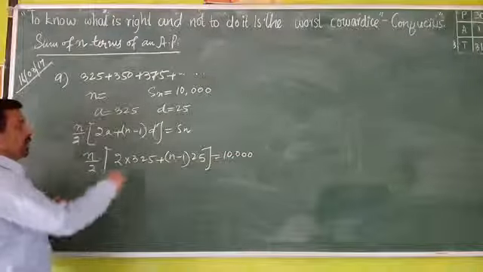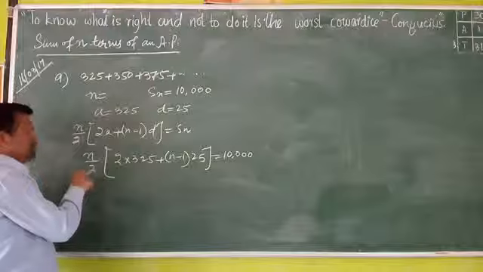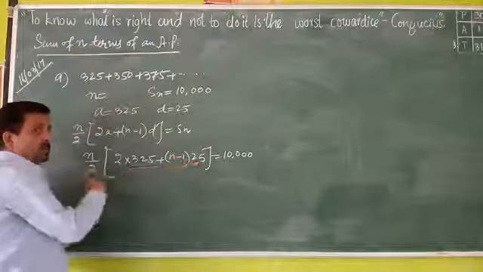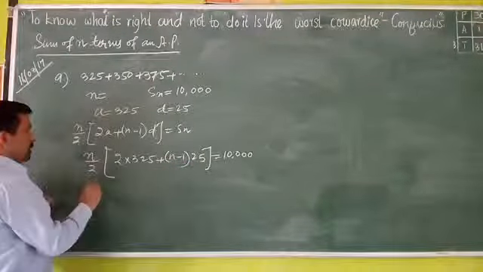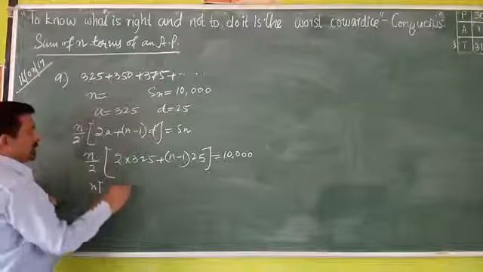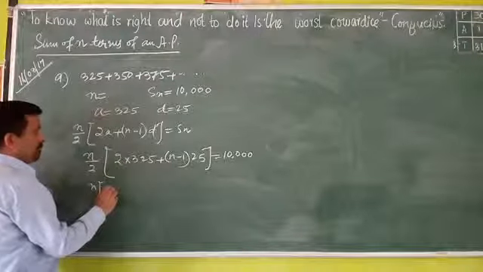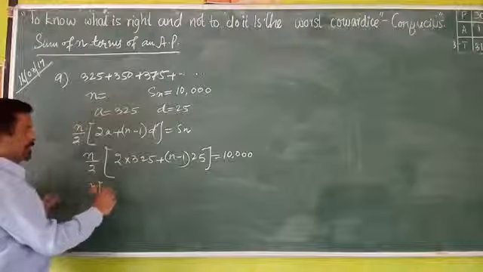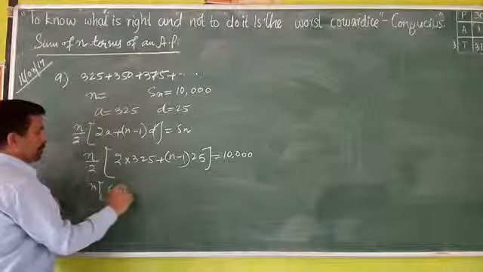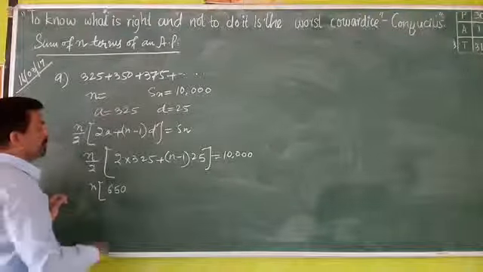Yes, now inside I am going to simplify, and then this 2 will be taken to the right side. This 2 is taken to the right side. So this will become n into 650. Is it okay? Yes, sir.